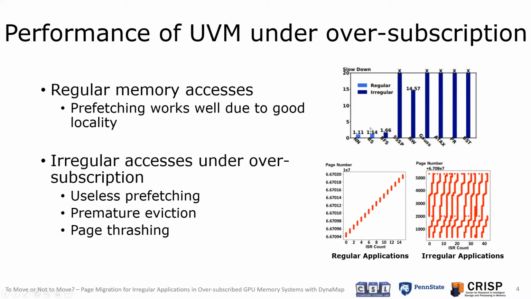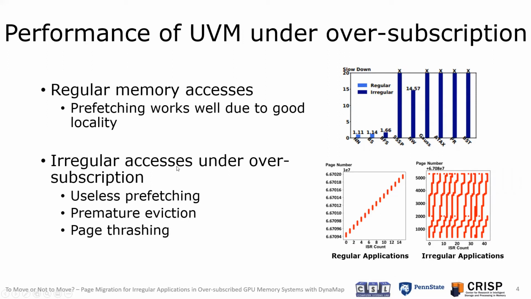It is mainly because the prefetching in the UVM works really well, so the transfer cost can be amortized. For irregular applications, they suffer significantly, and the slowdowns are much more severe than regular applications under memory oversubscription.